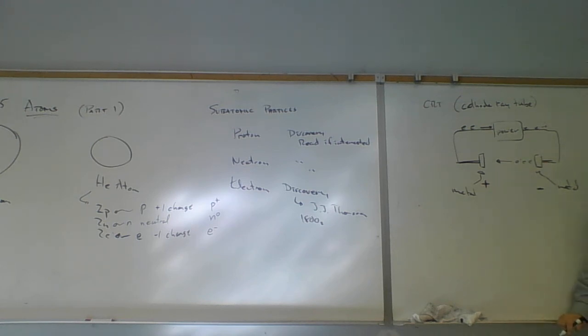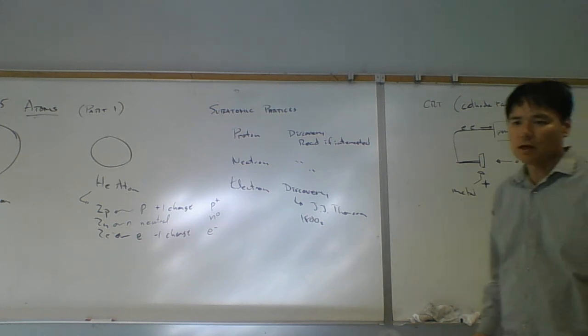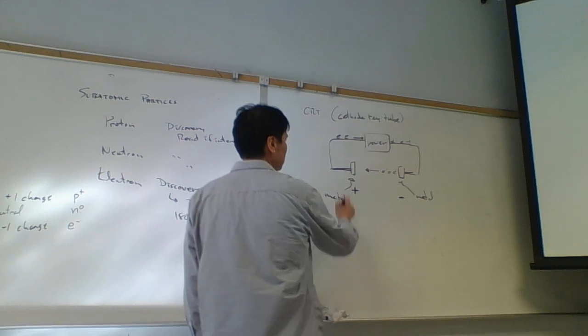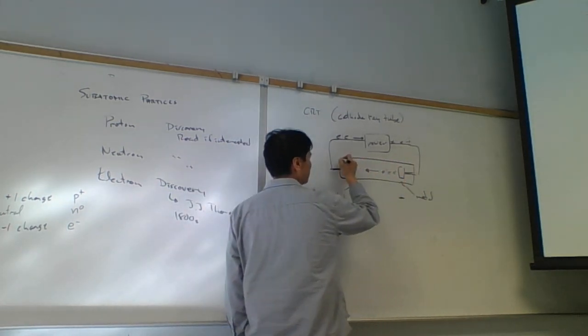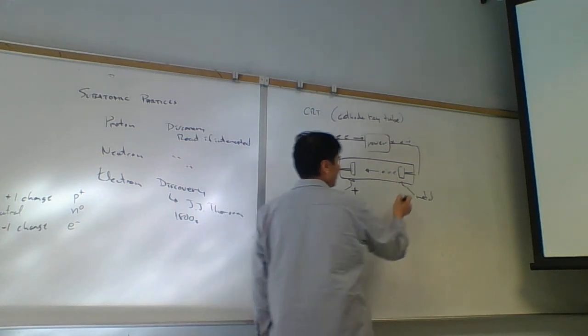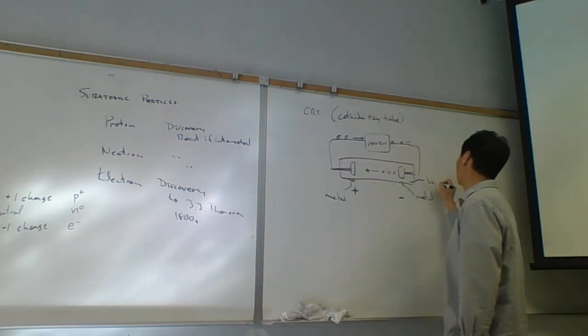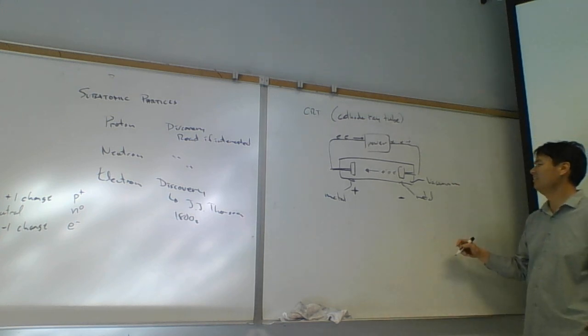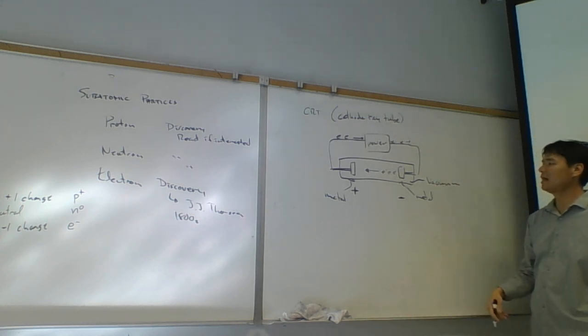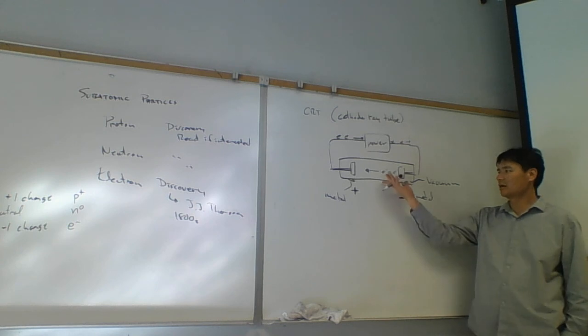But in a cathode ray tube, what we can do is this. If we can seal these pieces of metal in glass or a container and then evacuate it, we'll create a vacuum here. When we have a vacuum, that means we have a low pressure gas.